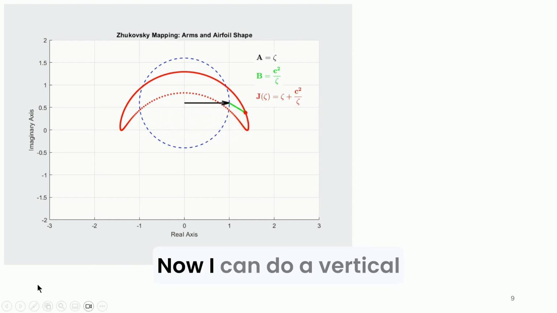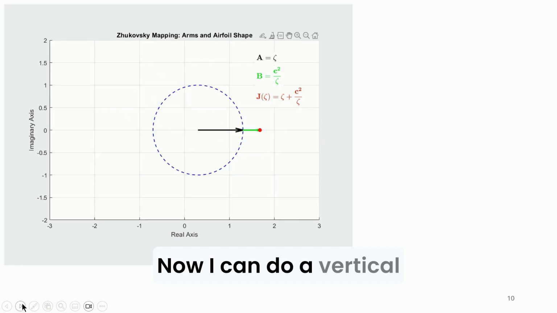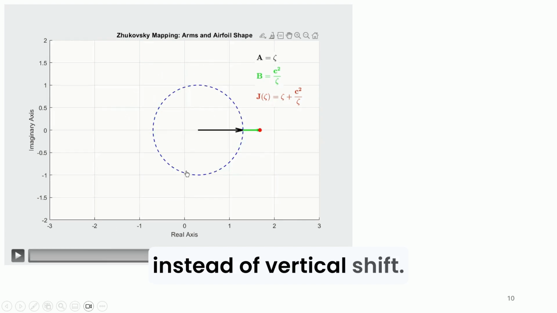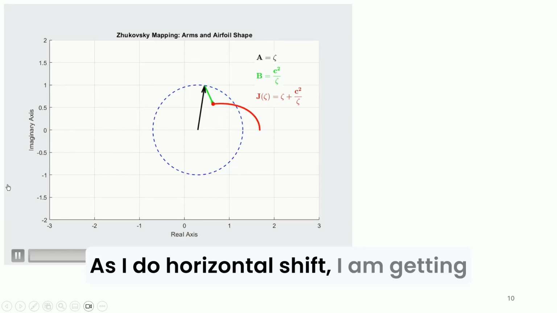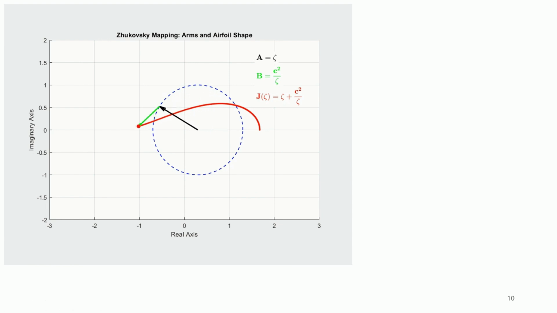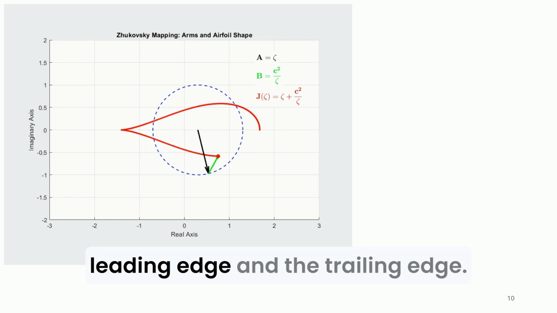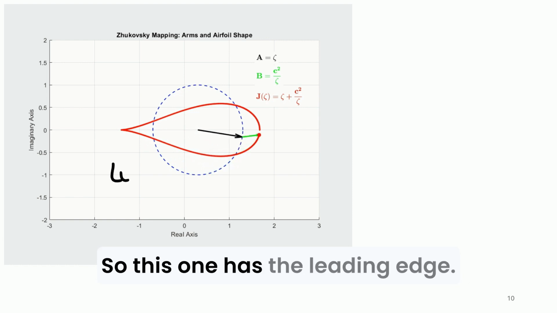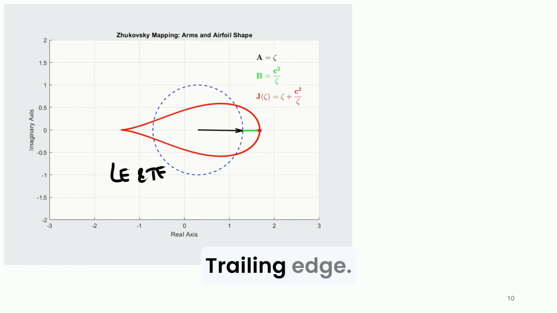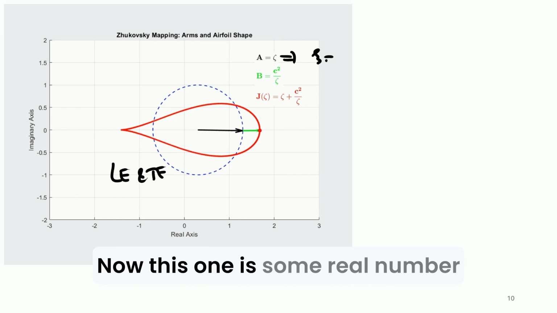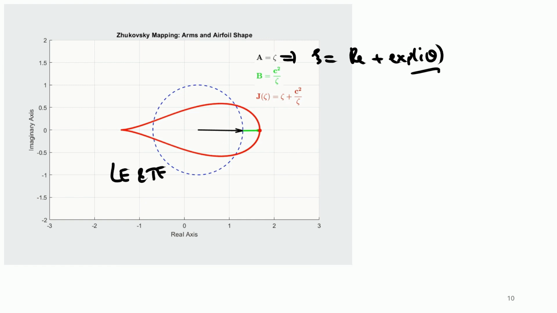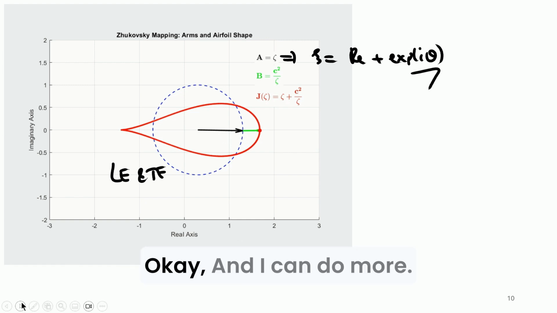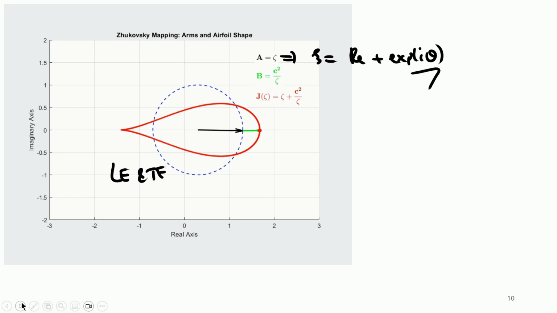Now instead of vertical shift, I can now do a horizontal shift. As I do the horizontal shift, I am getting a leading edge and a trailing edge. So this one has the leading edge and trailing edge. Now this one is some real number plus the exponential i theta. Okay, and I can do more.